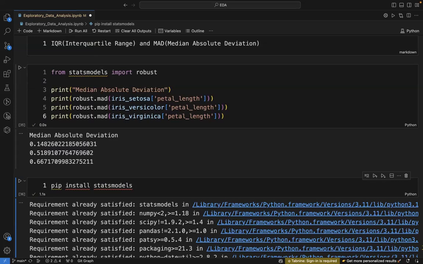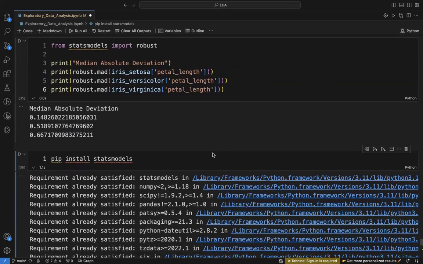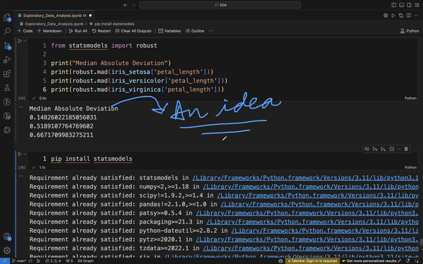Just to summarize, median absolute deviation is the equivalent of a measure like the standard deviation, except that it doesn't have the problem of extreme points or outliers. Why have I developed this idea?